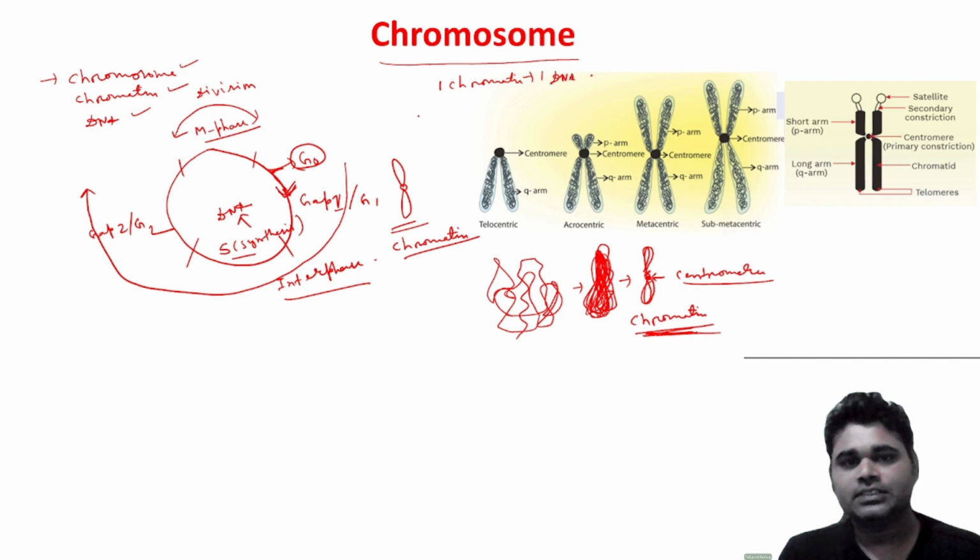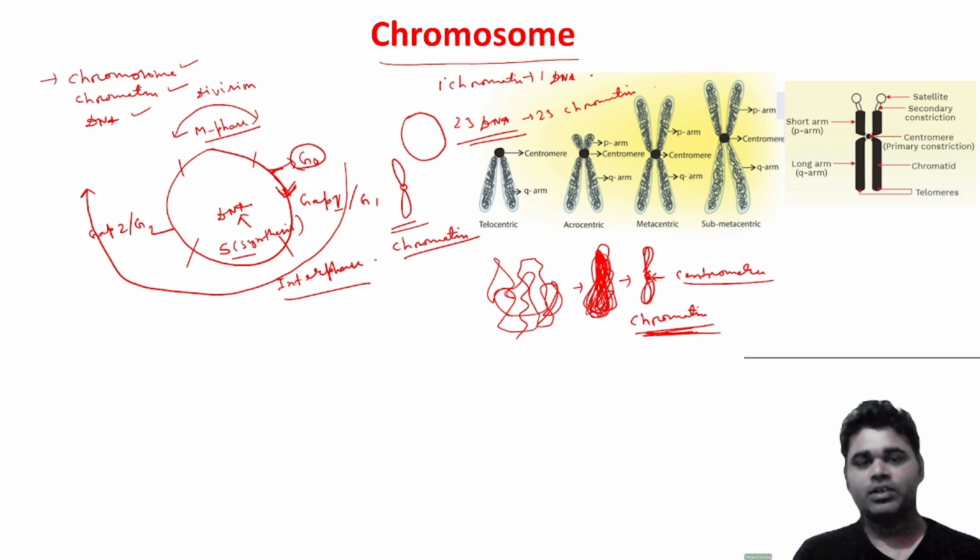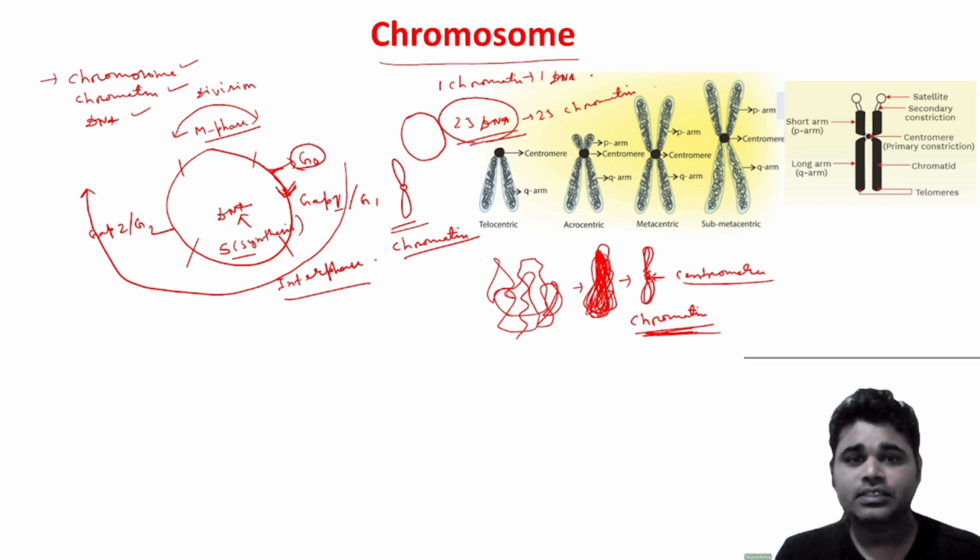So at this phase, 23 DNA are present, which means 23 chromatins are present. In our cell, for example in the animal cell, 23 DNA are present, and these are called chromatin in the gap 1 phase.